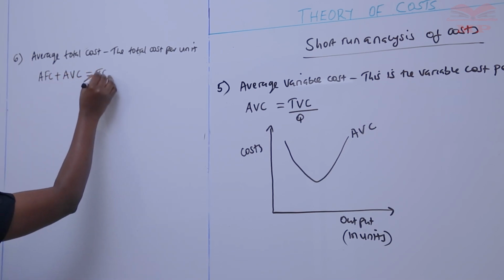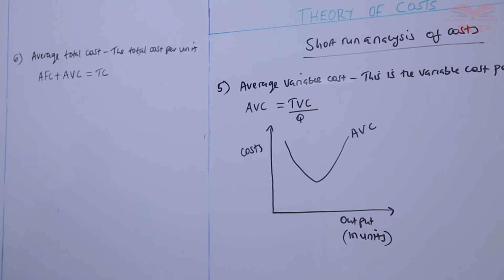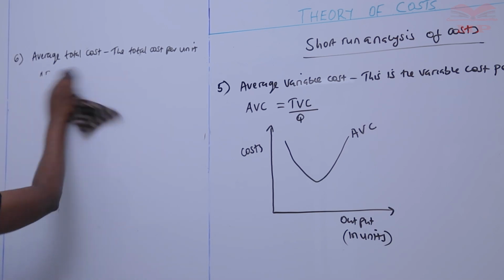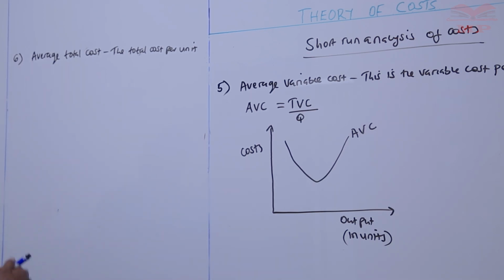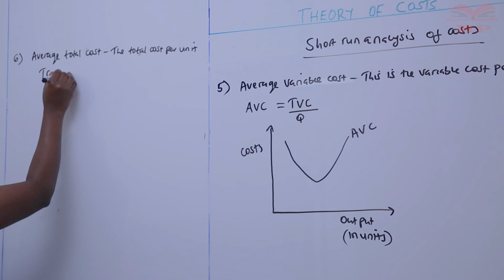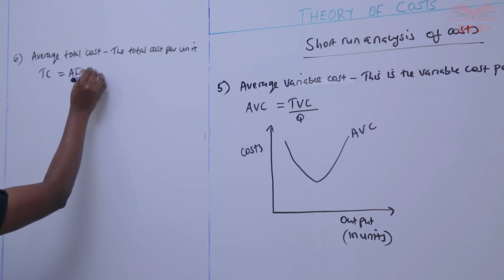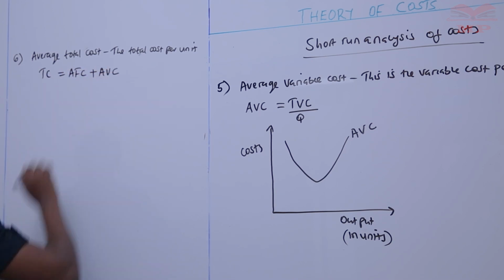So average total cost equals average fixed cost plus average variable cost.